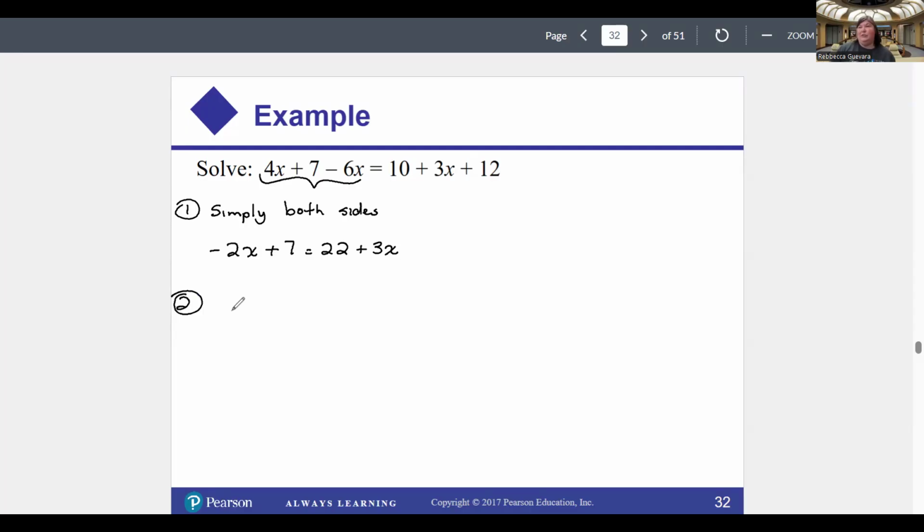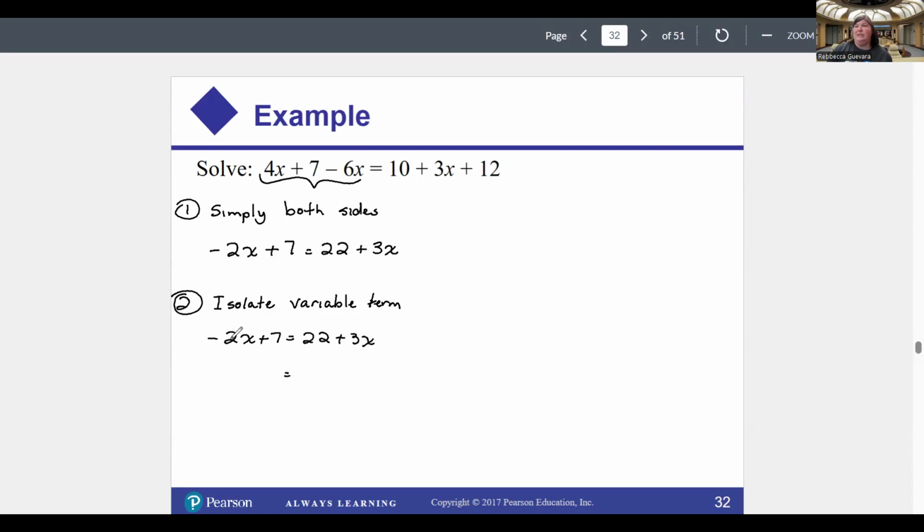Then we're going to isolate your variable term to one side. We're going to use those addition properties that we had. So here we have negative 2x plus 7 equals 22 plus 3x.